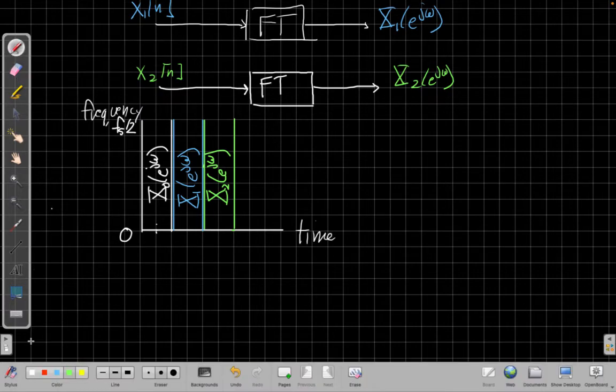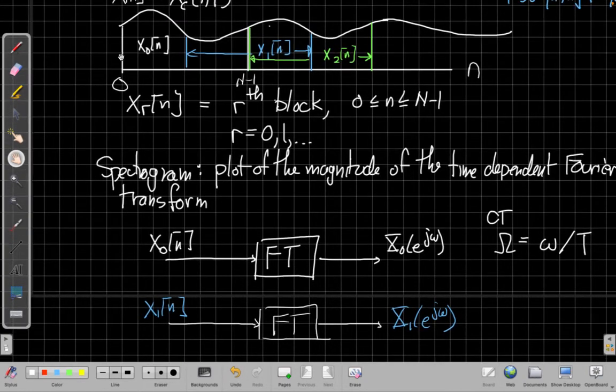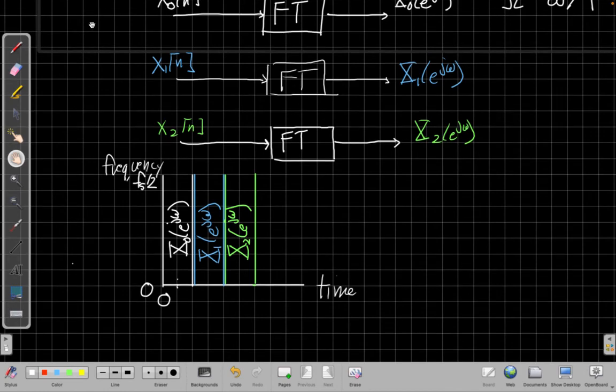And then on this time axis, if we wanted to think about how these are spaced, we saw that these are happening every half the block size. So this first one would be 0. The next one would start at half a block, N over 2, because if I scroll back up, these are half overlapping. I've covered from here to here is N samples, so this will be at N over 2. If I index it based on the start, the second block would start at N over 2 times the sampling interval in seconds.